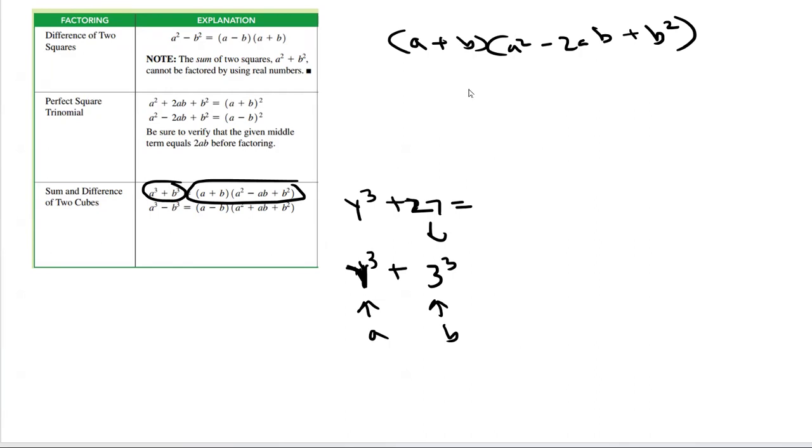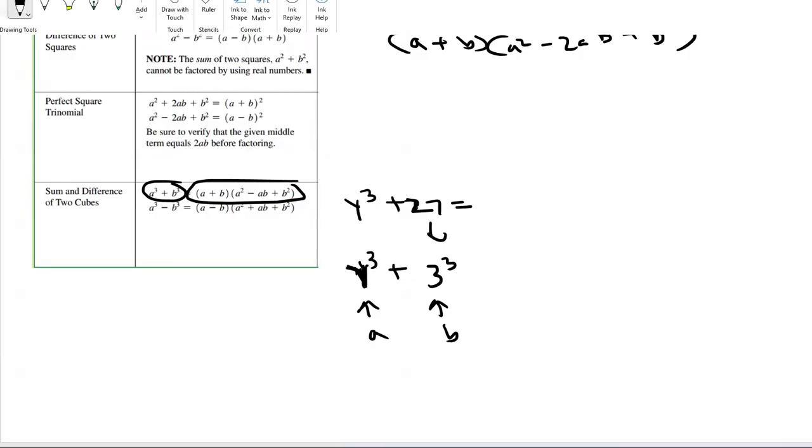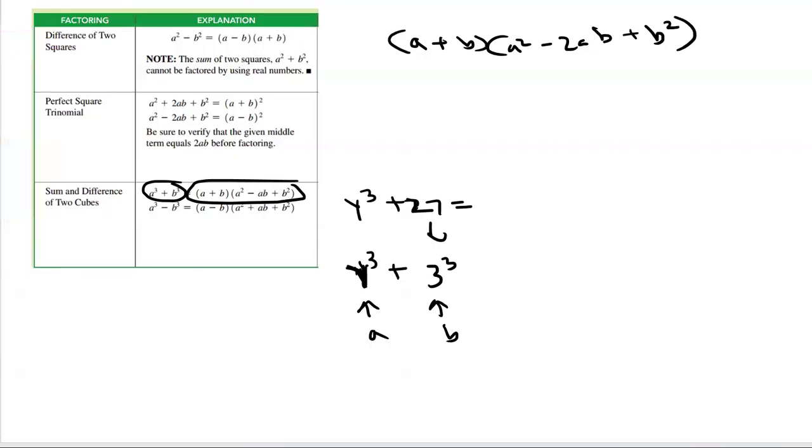And we just plug it in. So if you can get to this point here, and then just use the formula, you're good. All right, so we said a was y. We said b is 3.